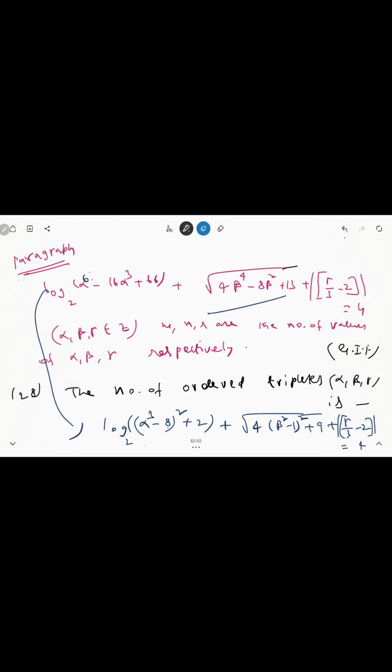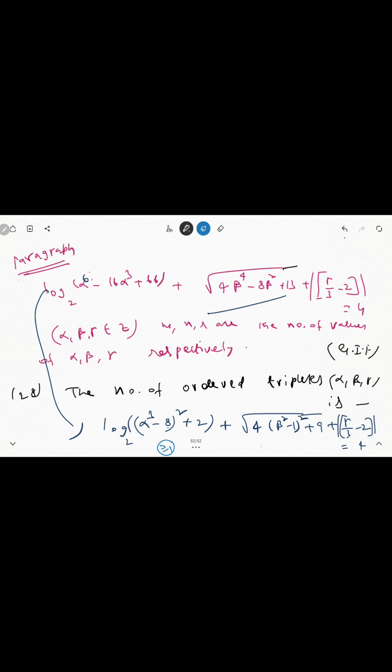Minimum value. Just now I told you, you verify for extreme values. So square minimum value is 0, 0 plus 2 is 2. So log 2 to the base 2 is more than or equal to 1. The minimum value of this square term is 0, because a square always starts from 0.